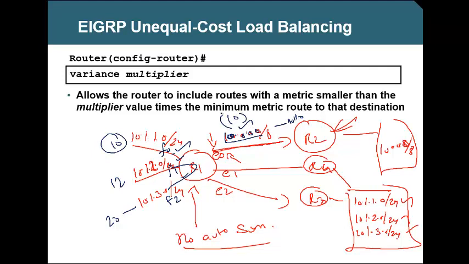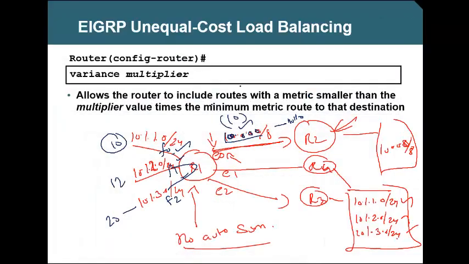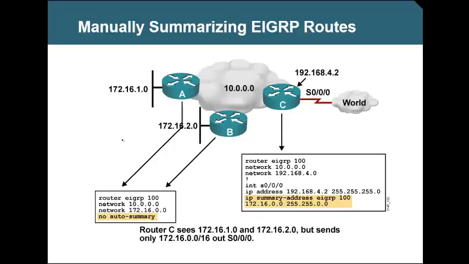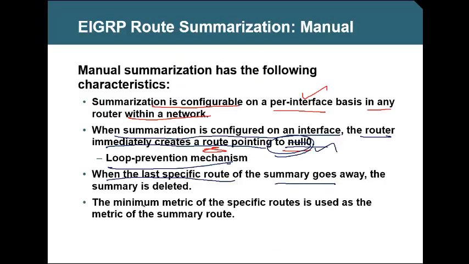This summary is a summary of these three networks, but they all have different metrics. Which one will be the metric of the summary? It's the minimum one. You can see that the minimum metric of the specific routes is used as the metric of the summary route. Please ask me any question you have from this page.